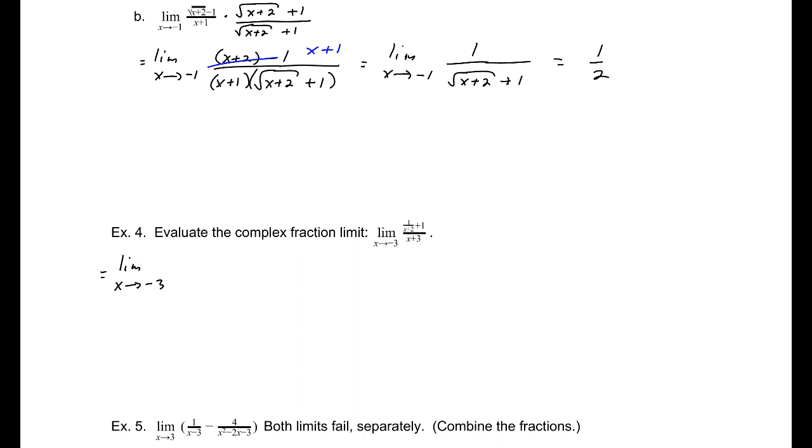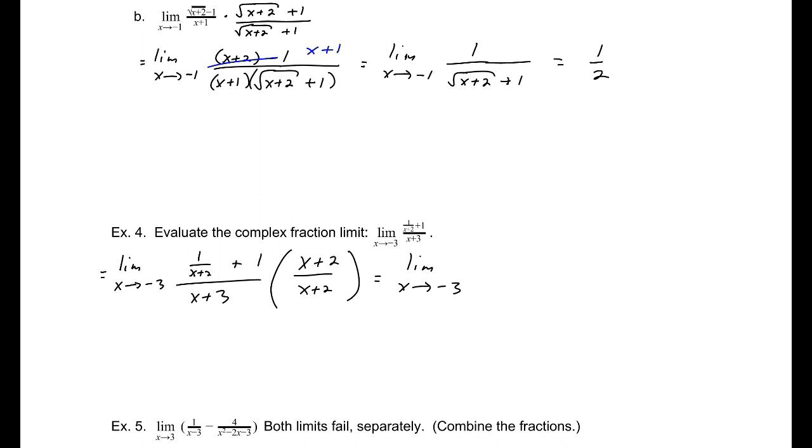Now I'm going to multiply through everything by x plus 2 over x plus 2.